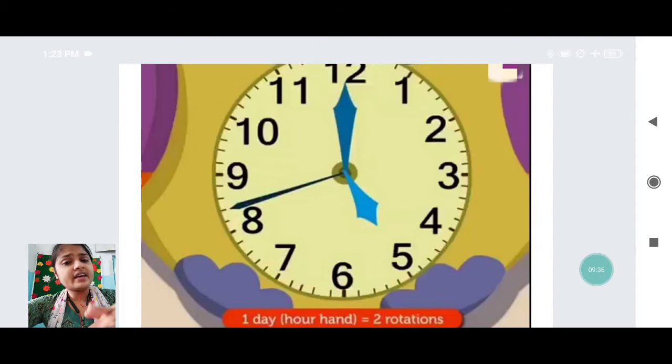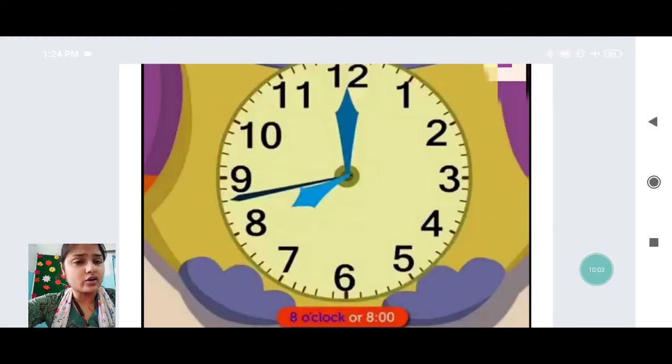So for completing one day, the clock has to move 2 times: from 12 to 12 once, 12 hours are completed, and again from 12 to 12, another 12 hours are completed. Like this, by 2 rotations, the clock completes one day, which means 24 hours.